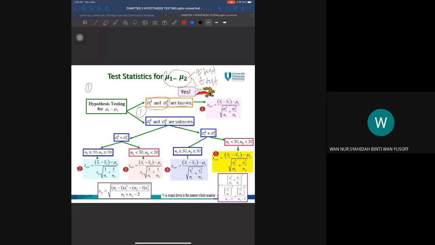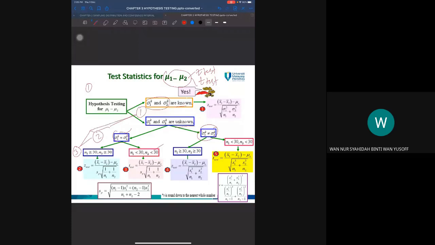The second one, if unknown, is the equality of the population variances, whether they are equal to each other or unequal to each other. After that, it is your sample size: either both greater than or equal to 30, or both less than 30. These are the 3 conditions that we need to identify in order to choose which formula we need to use.